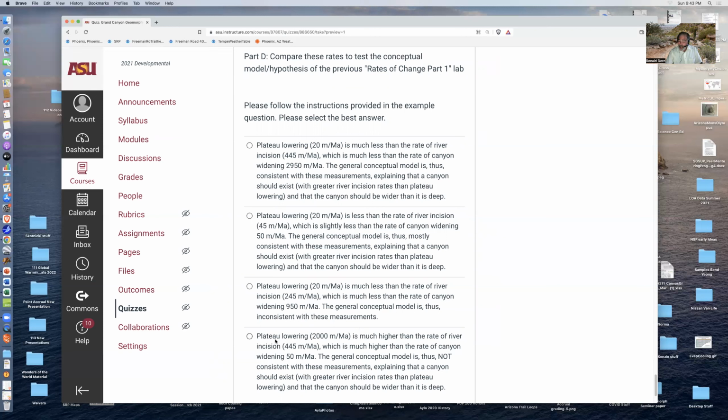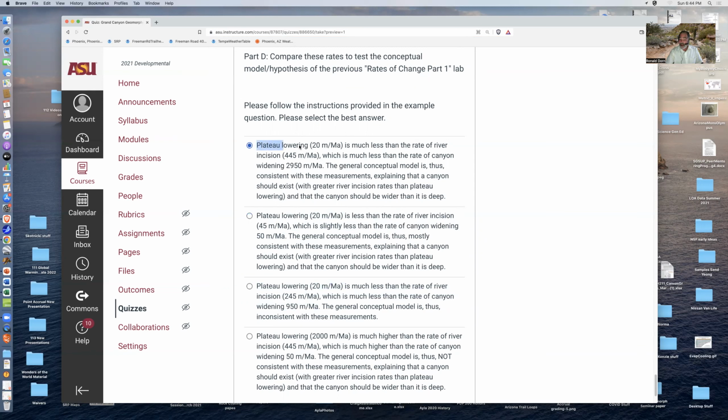But just take a look at the distances and the differences between them. In one of these potential answers, plateau lowering is way higher than incision or widening. In another answer, plateau lowering is the smallest, river incision is super deep, and widening is between. In another answer, they're about the same.